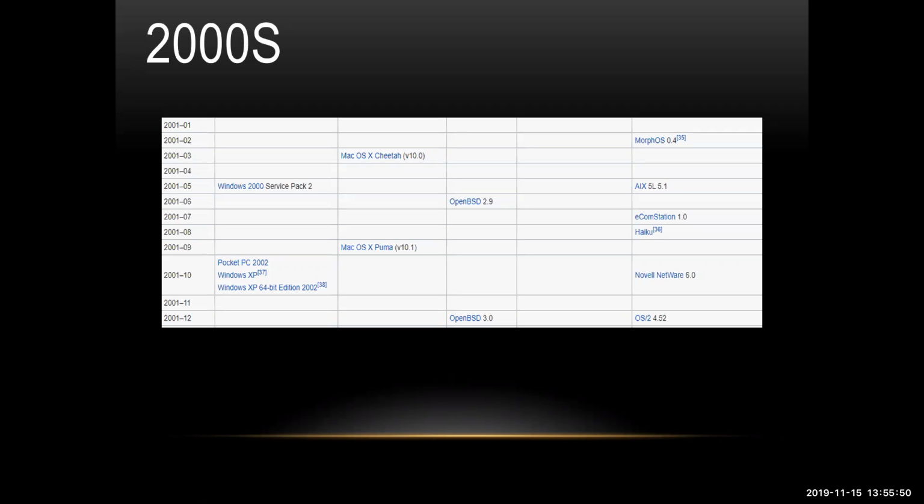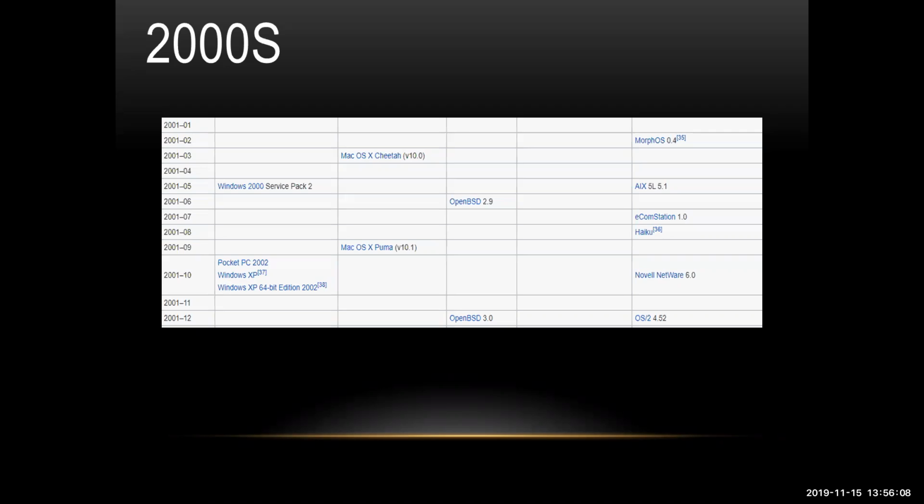We also had Mac OS X Puma. And we had Pocket PC 2002. Windows XP was released in October 2001.